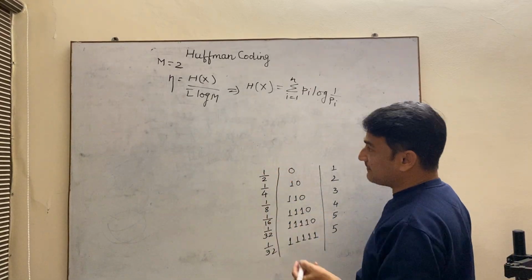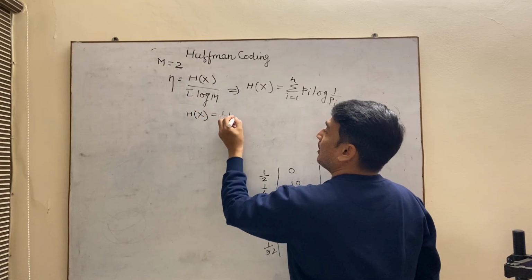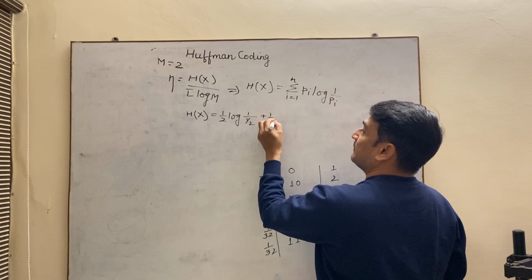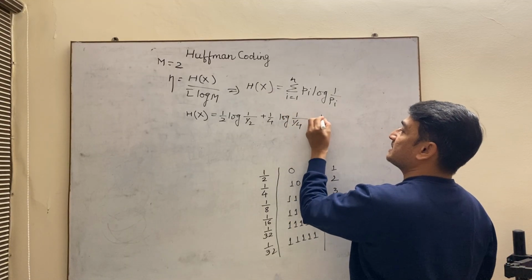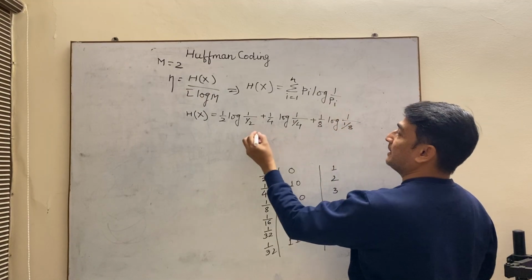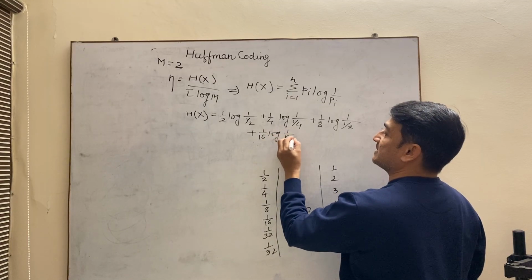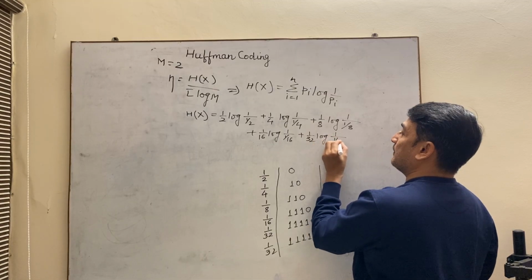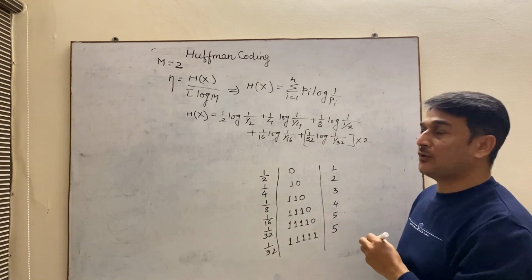So you have 6 values. Hx would be 1 by 2 log 1 upon 1 by 2 plus 1 by 4 log 1 upon 1 by 4 plus 1 by 8 log 1 upon 1 by 8 plus 1 by 16 log 1 upon 1 by 16 plus 1 by 32 log 1 upon 1 by 32, and this value is coming twice, so into 2.